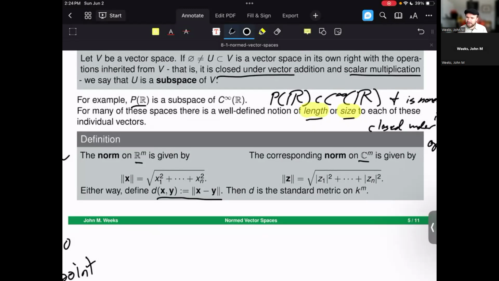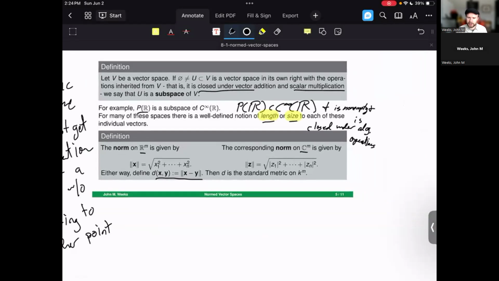Now notice that there are definitely ways for that not to occur. For example, in our homework, we will discuss the example of the discrete metric.